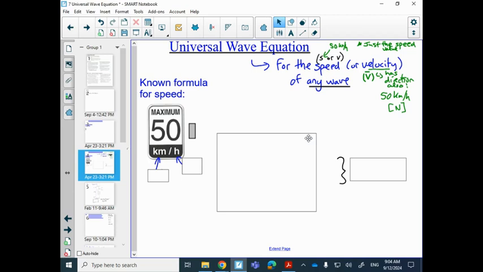So 50 kilometers per hour north, for example. All right, so this one right here is called a vector quantity. It just means that it has a direction also.